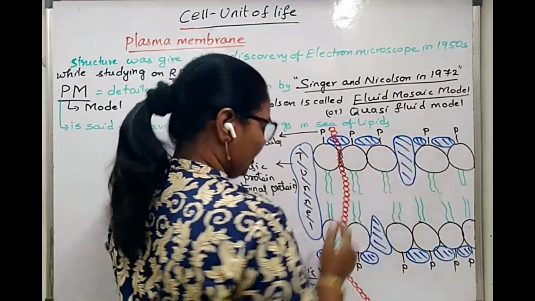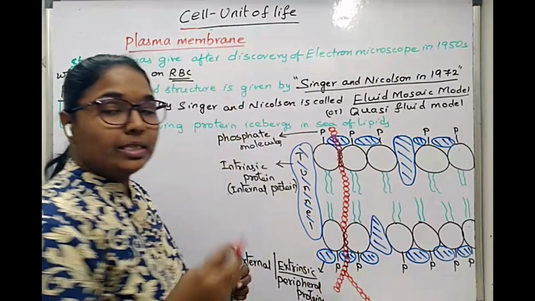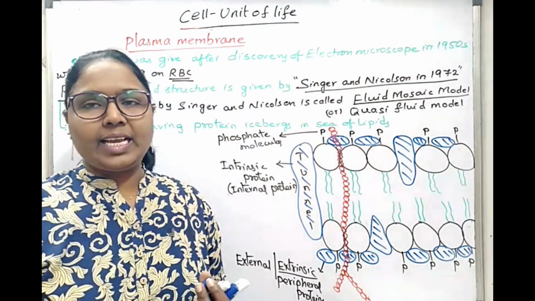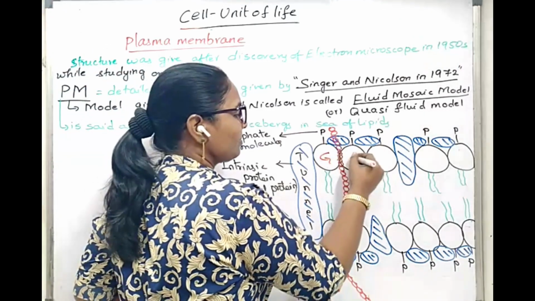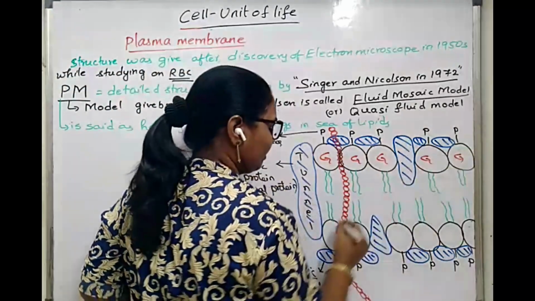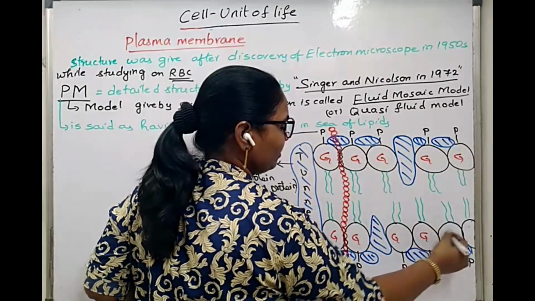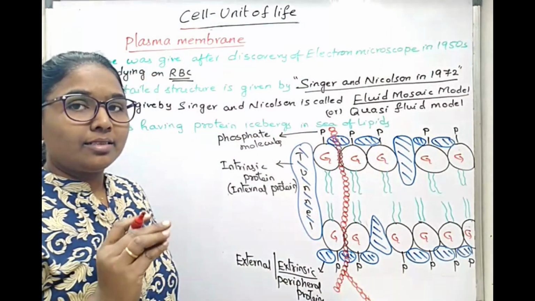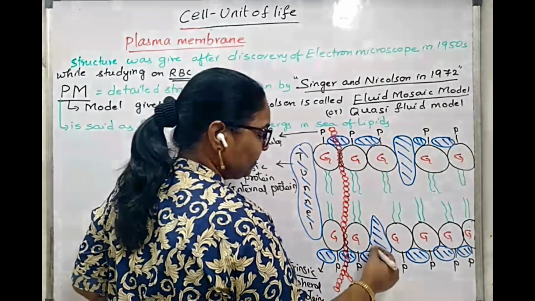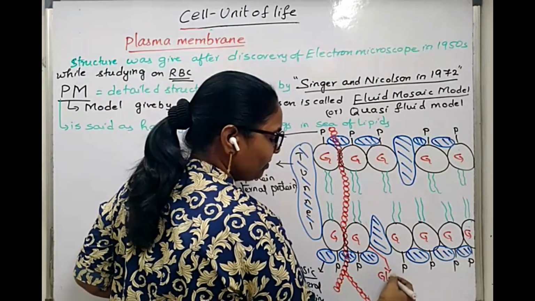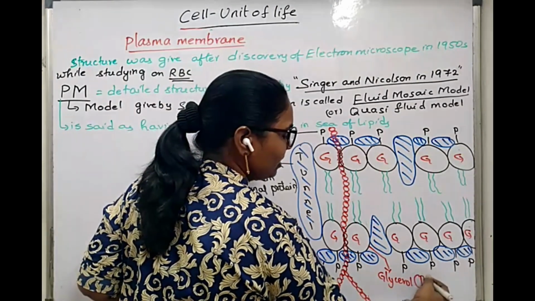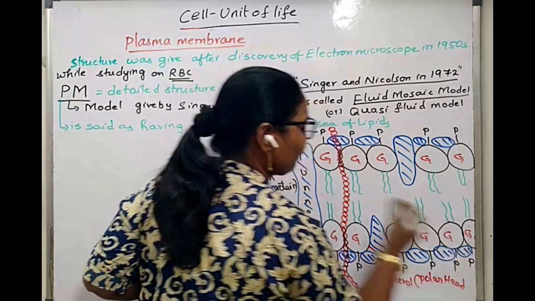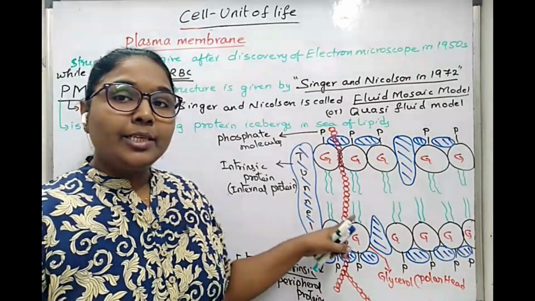Now these round structures are basically lipid, which is composed of glycerol plus fatty acids. Now these are glycerols. These are present on one side, so they are said as polar structures or polar head. Fatty acids are present towards inside.